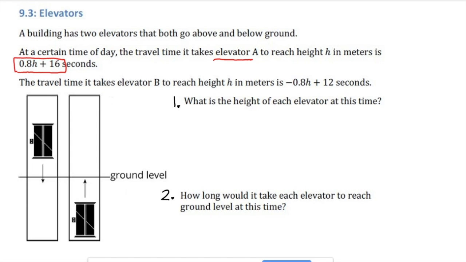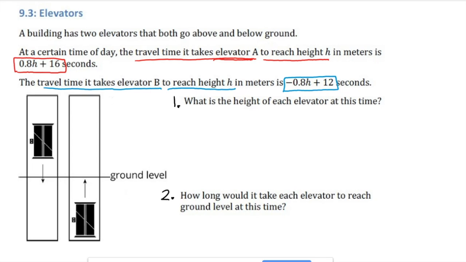So this is the expression that represents the amount of time it takes elevator A to reach height h. For elevator B, the travel time to reach height h is negative 0.8h plus 12.